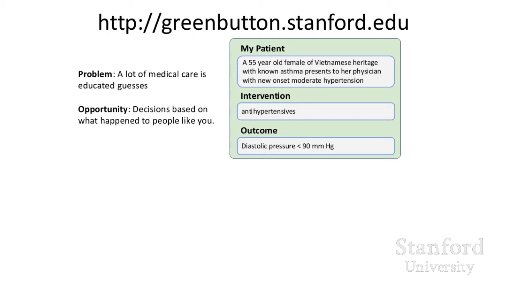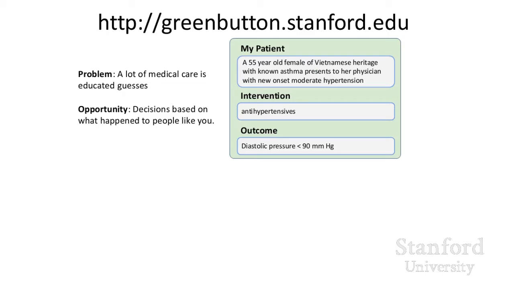And so the cartoon that I show over here is that you can imagine describing a patient, in this case a 55-year-old female of Vietnamese heritage, has asthma, presents to her doctor with new onset hypertension. Now, you don't need clinical decision support to help the doctor understand what the problem is. They've gone to school for 10 years, and I bet they can diagnose hypertension, no problem there.